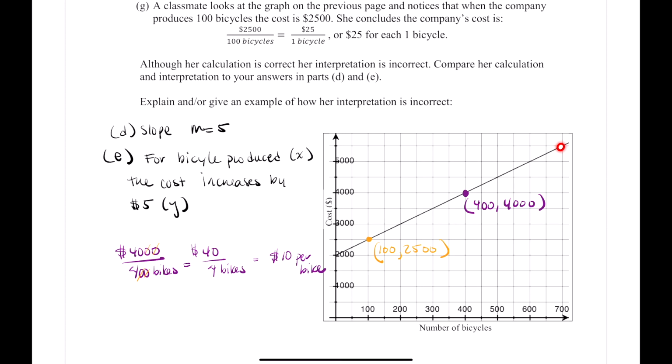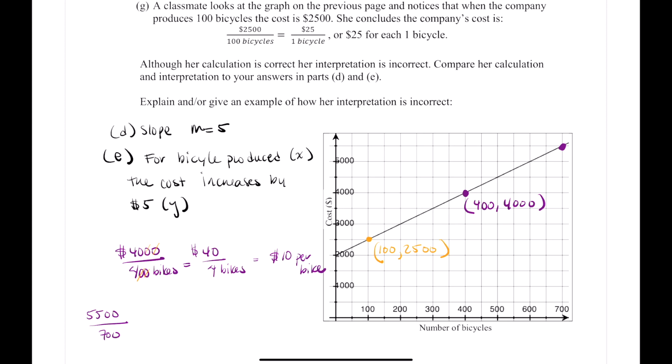At 700 bicycles, what's that going to give us? So when they produce 700 bicycles, that's here, the cost is 5,500. And let's quickly divide that. I'm using a calculator off screen that you can't see, and you can do the same.